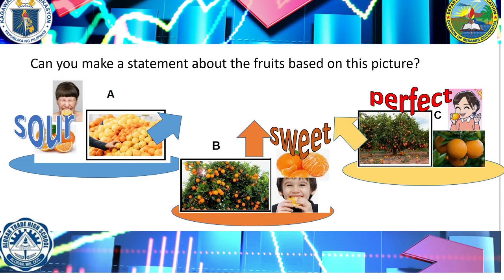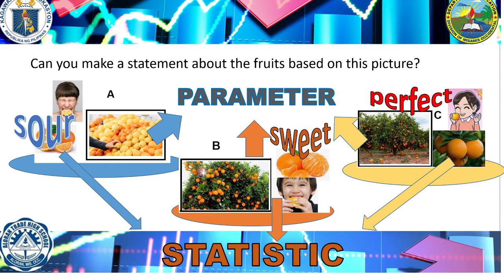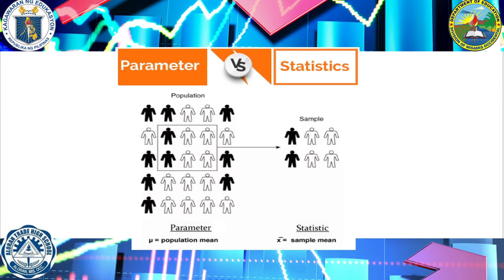All the data that we gathered from picture A, picture B and picture C, this is what we call a parameter, while the data that we gathered from the samples are known as statistics. So to know further about parameter and statistics, let us have this illustration.